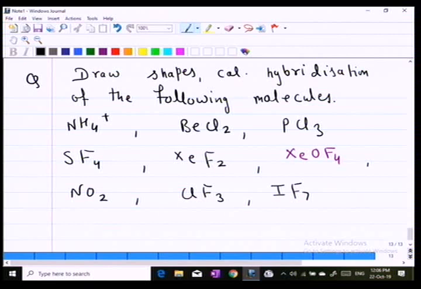Guys, use the table and do these questions carefully.